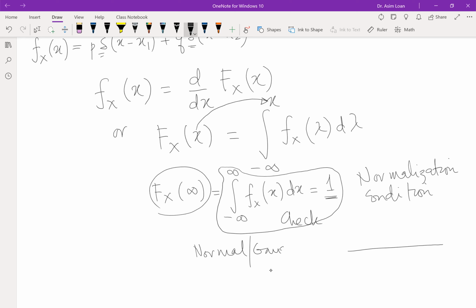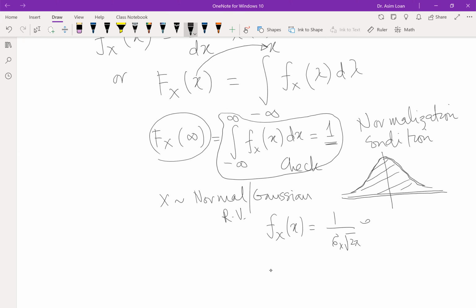So if x is a normal or Gaussian random variable, this function is like this. It's a bell curve. This is centered around some number, and we'll see what that number is. This density function is fx of x equals 1 over sigma x root 2 pi, exponent minus 1 over 2 sigma x square, times x minus mean of x, whole square.